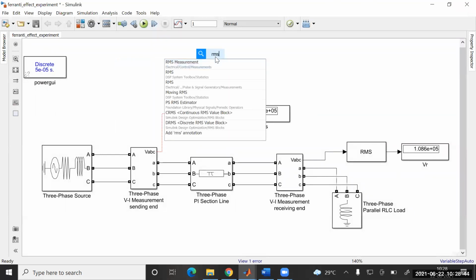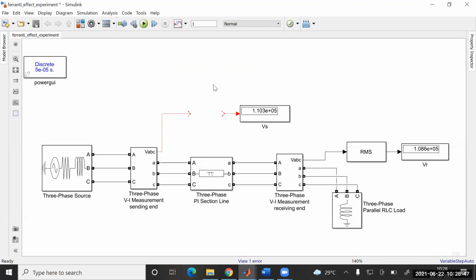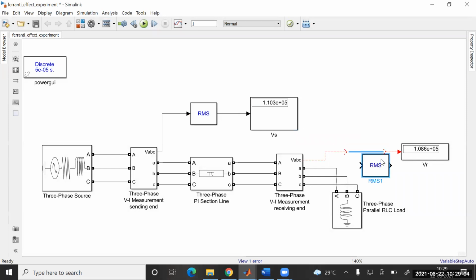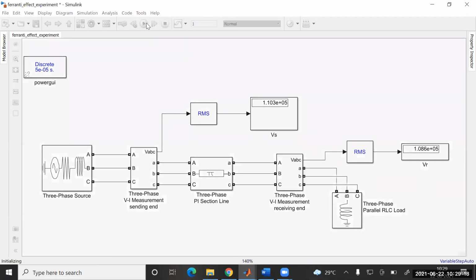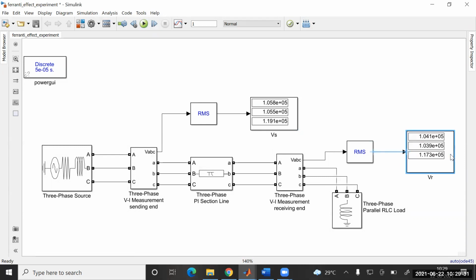Now that was your error, RMS. Now this shows the perfect thing.